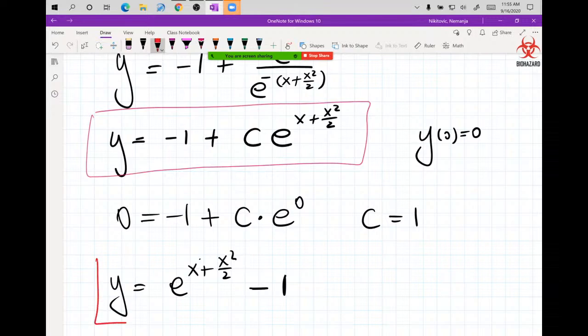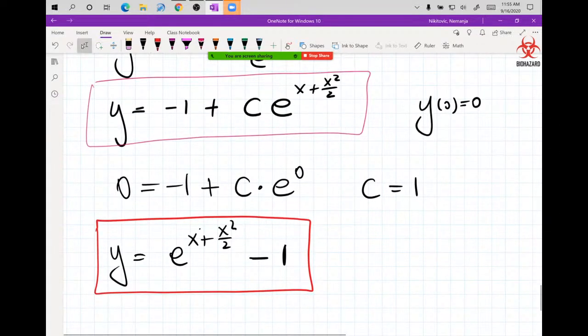So this would be general solution for, no, particular solution, sorry, because we calculated c. Ta-da! Right?